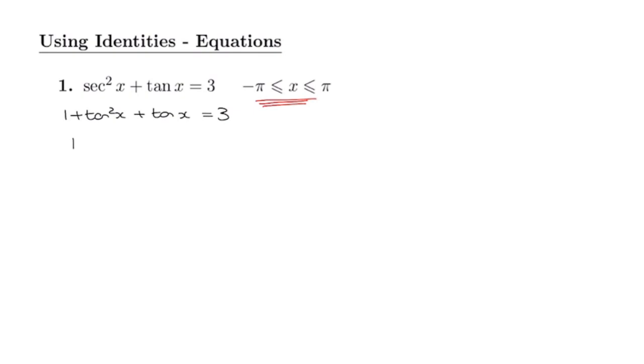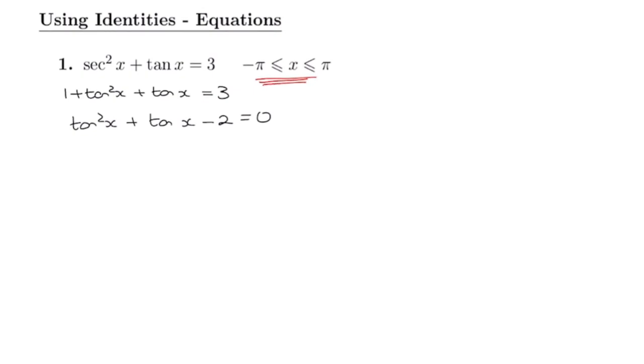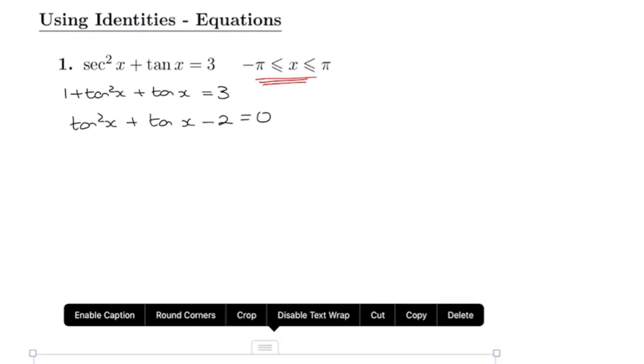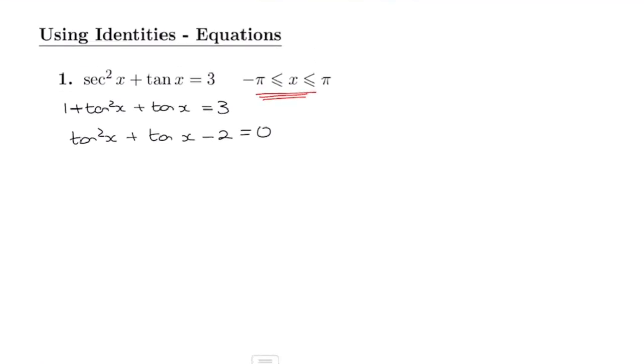If we rearrange that, we get tan squared x plus tan x minus 2 equals 0. Then we can use our calculator to solve that for us. And when we solve it, we get that tan x equals negative 2, or tan x equals 1. Again, x must be the inverse tan of negative 2, or x is the inverse tan of 1.